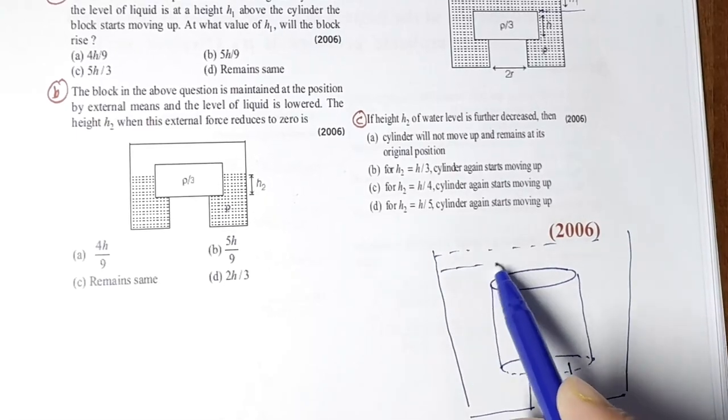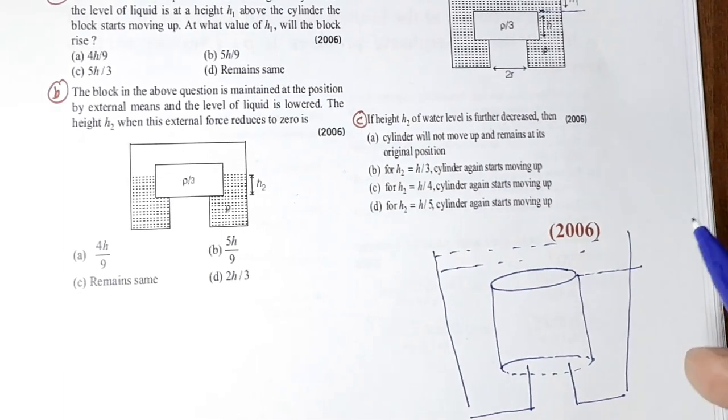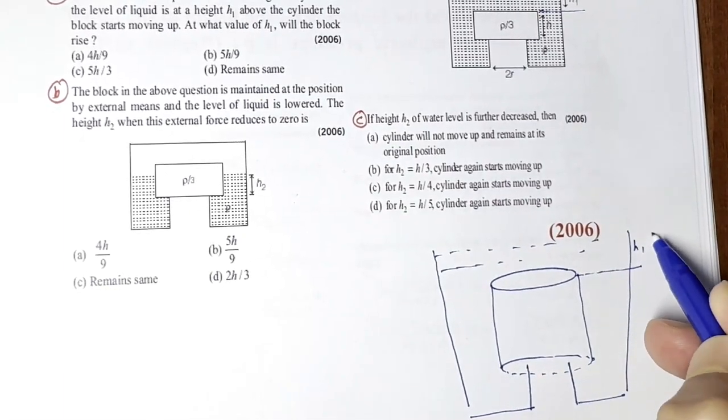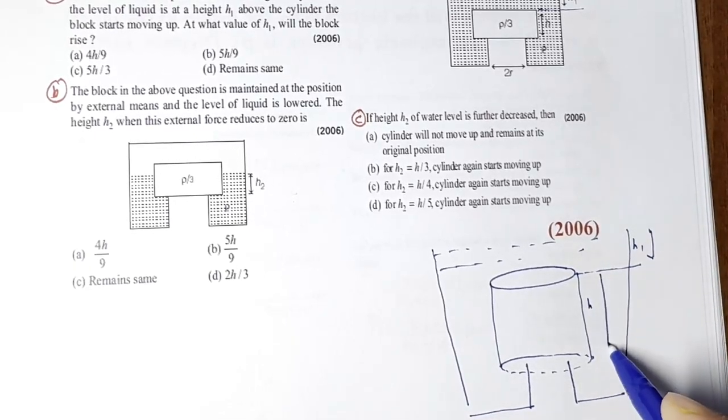So this is the level of the liquid, and above the cylinder it is given as h1, and h is the height of this cylinder.